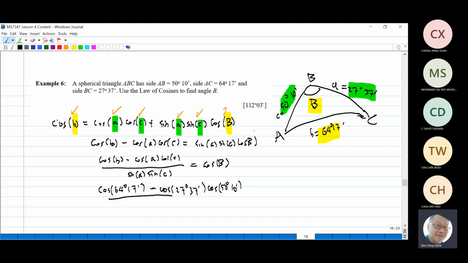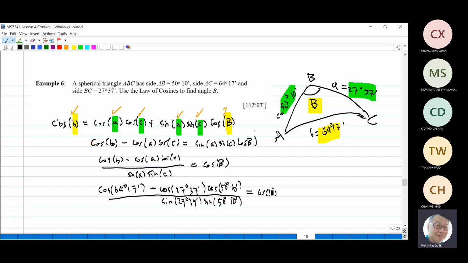Then divided by sine of A, which is 27 degrees 37 minutes, then sine of C. Okay, this is cosine angle B here.